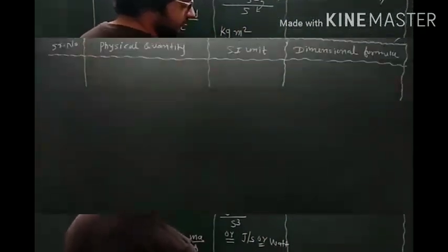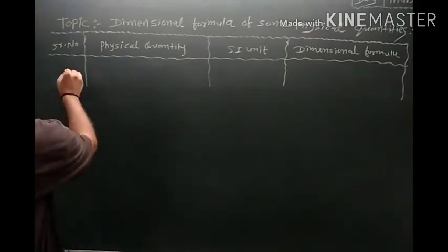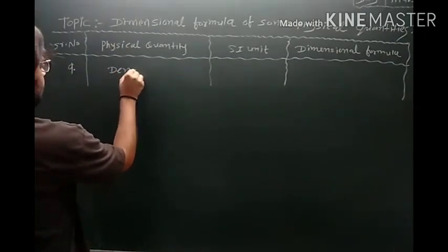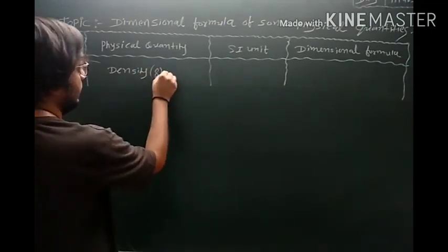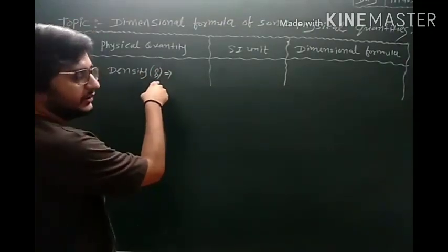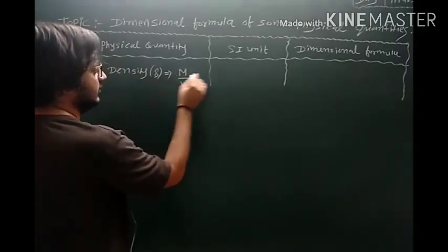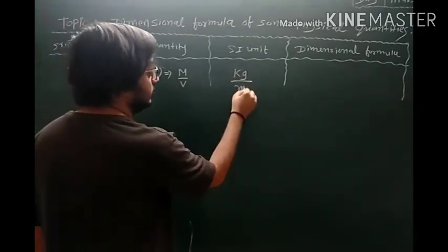Now we take another physical quantity, density. The symbol is rho. The formula of density is mass per unit volume. Mass is measured in kilogram and volume is measured in meter cube.